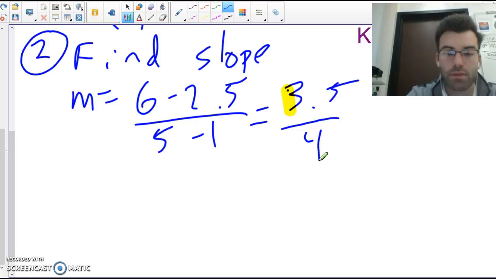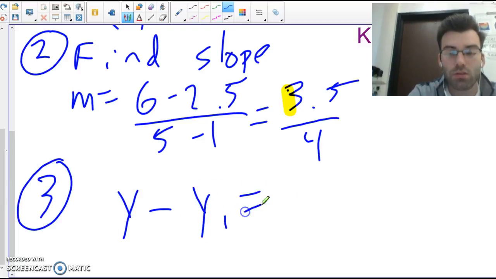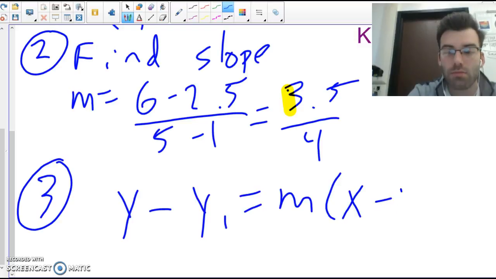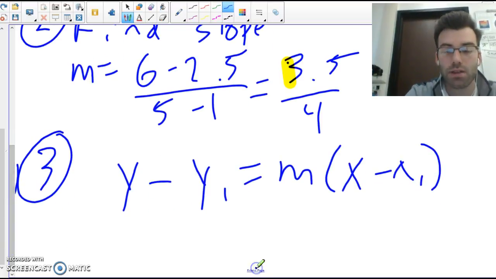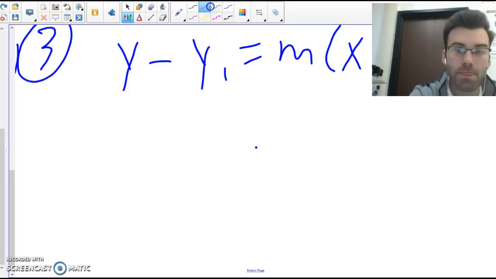Last step, put in point slope form. So y minus y1 equals m times x minus x1. I'm going to use L because it's not the actual decimal answer. What was L? L is 5 comma 6.